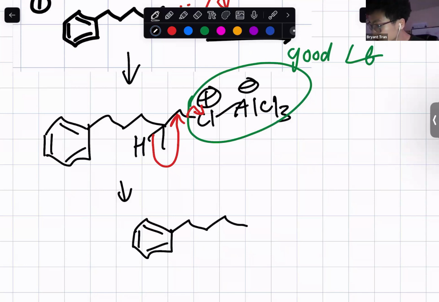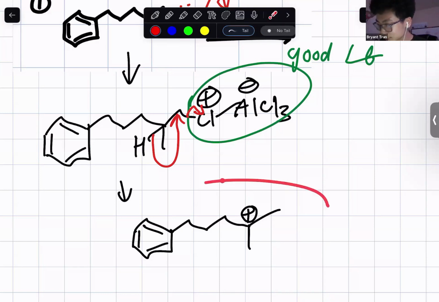That's why Friedel-Crafts alkylation is the hardest EAS reaction in terms of mechanism, because there are different scenarios in the mechanism depending on what your alkyl group is, right? Because it could either do a regular hydride shift, it could do a concerted hydride shift, or it cannot do any shifts at all. Right? In this case, we're doing a concerted hydride shift to form this stable carbocation right here.